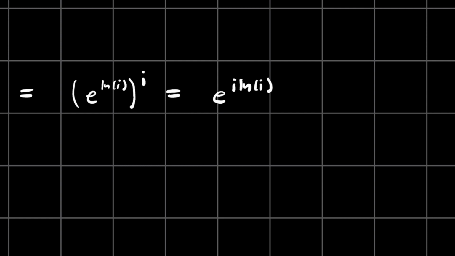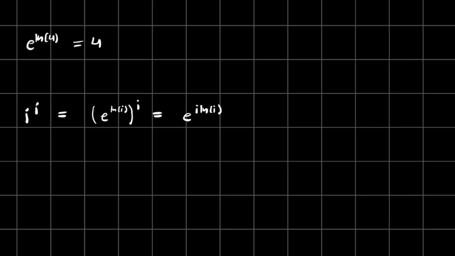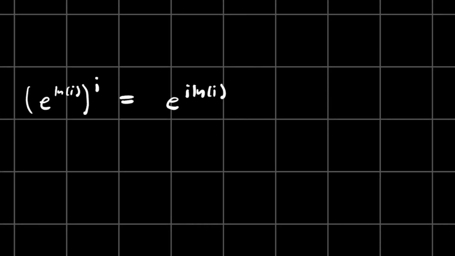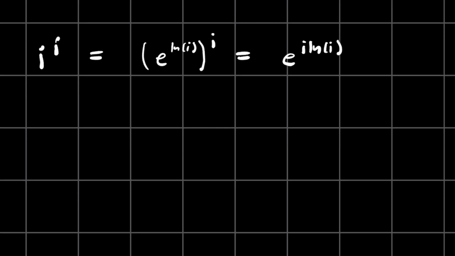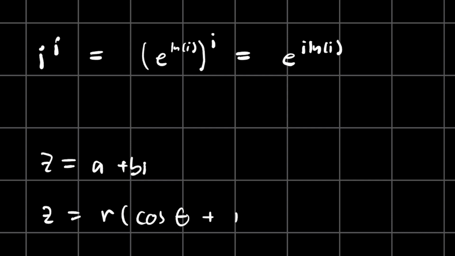So yeah, I'm just coming back to it. Now we have this, but we want to know what ln of i means. Well, we're first going to start off by checking this out. We know that z is basically going to be a plus bi, which can also be translated as r cosine of angle plus i sine of angle.